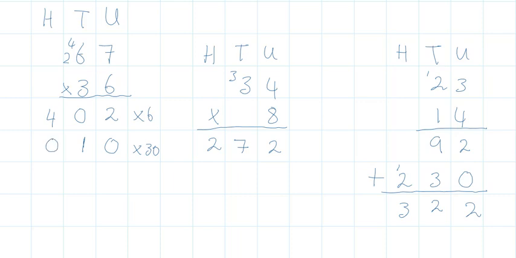So put in my 0, and this time my 2 has to move over here, and I'm in the 1000 spot. And then what I need to do now is to add them together. So 0 plus 2, that's 2, 1 plus 0 is 1, 0 plus 4 is 4, and 2 plus 0 is 2. And so my answer is 2412.